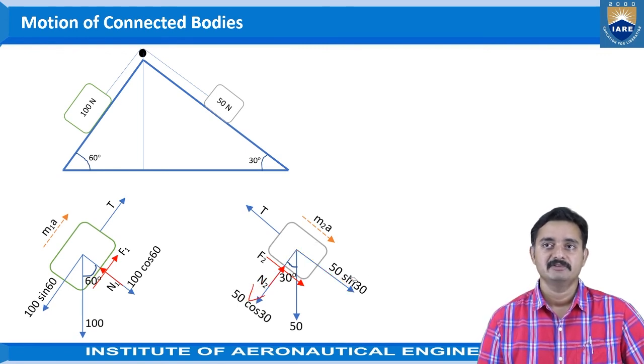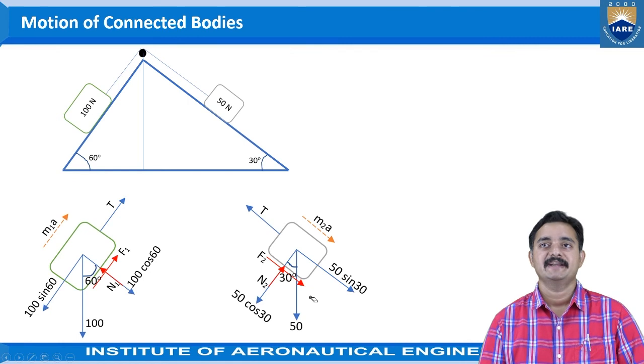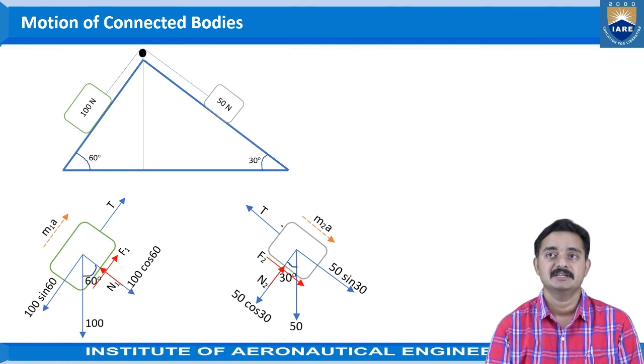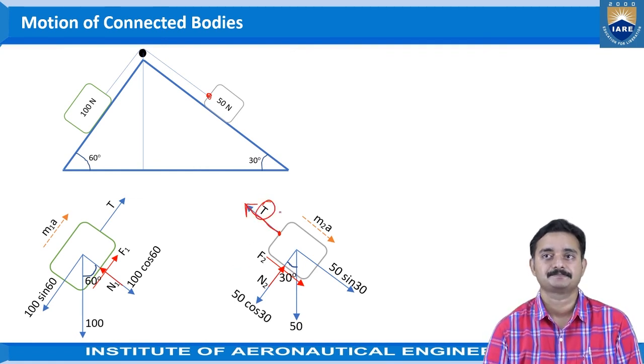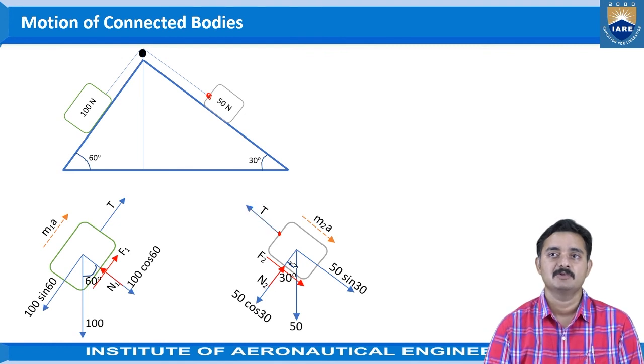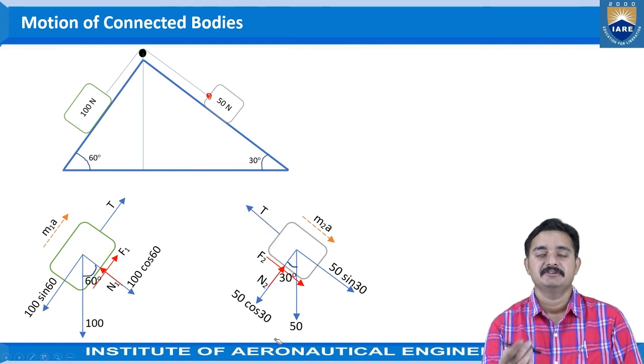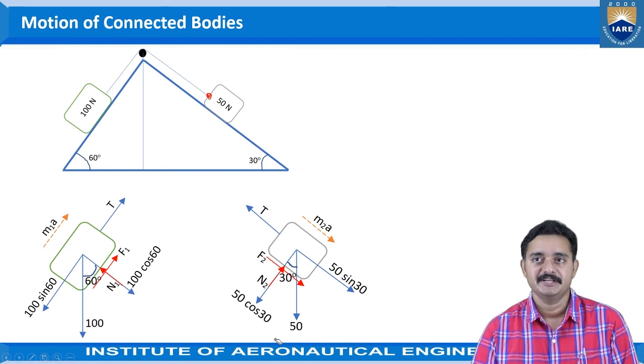In this way, we will be showing the free body diagram, and also the connection here, the string which is attached to this object, the tension will be shown here. This is how the free body diagram of the given inclined plane condition will be taken.